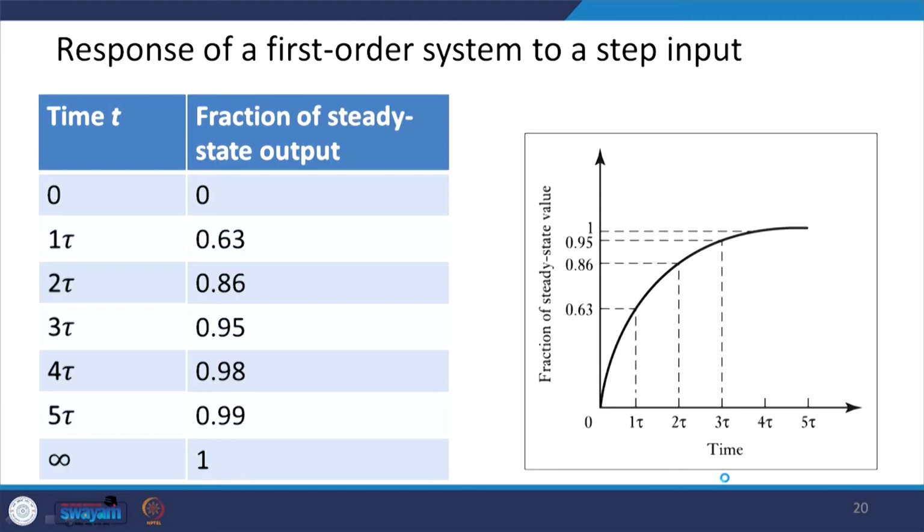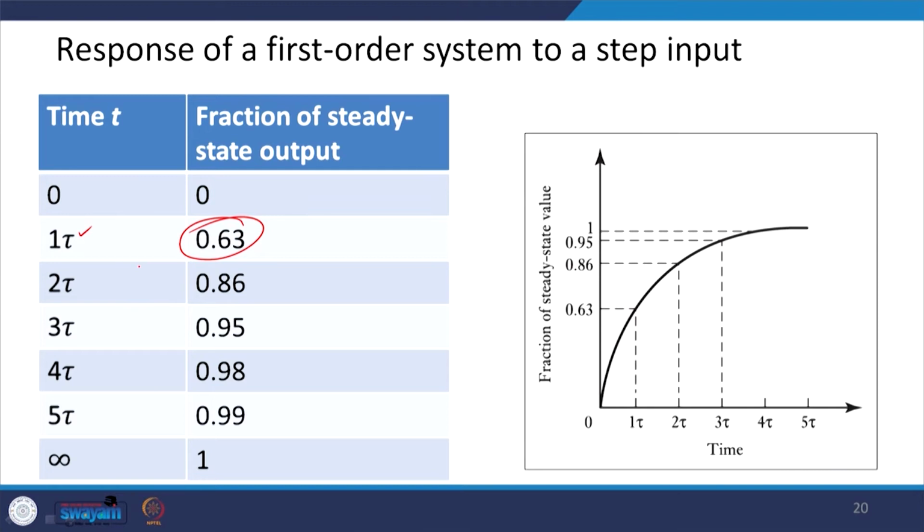At 1 tau, this is 0.63 of the steady state value if I plot it over time. So, this is 0.63 at 1 tau, and this way I can have the response. You can see that at time infinity I get the steady state value, that is 1 over here.